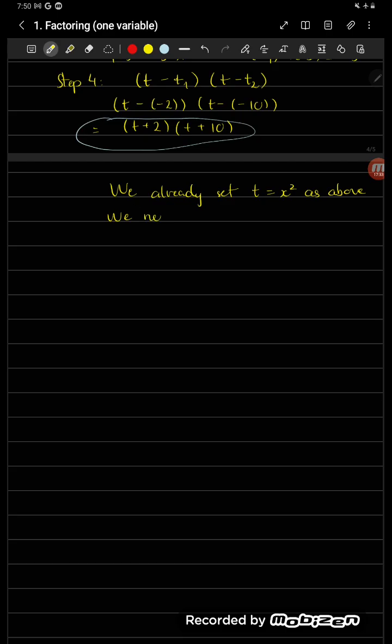We need to write in form of x. So here we have t plus 2 times t plus 10 equal to x squared plus 2 times x squared plus 10. And that's it. That's your final answer after you return the x variable.